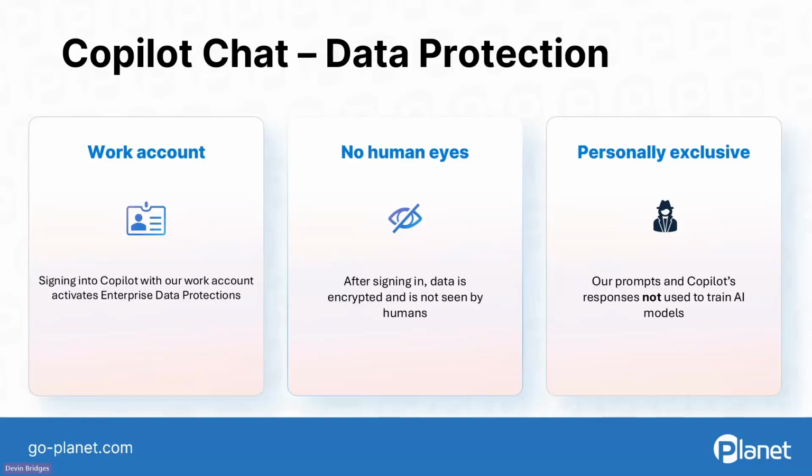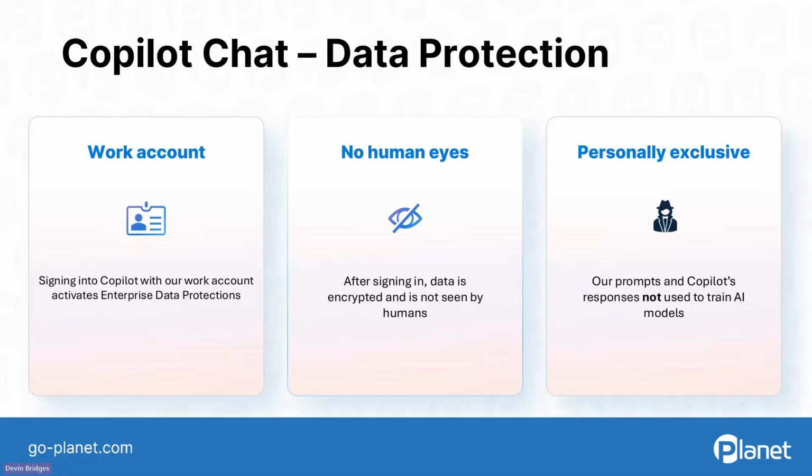What this means is that once you're signed in, your data is encrypted and not accessible to anyone else. Some conversations may be saved in a personal history so you can reference work that you've already done, but that access is personal and exclusive to you.